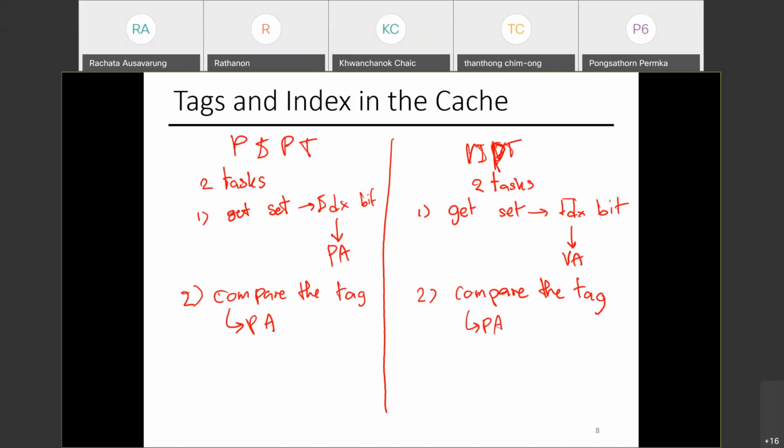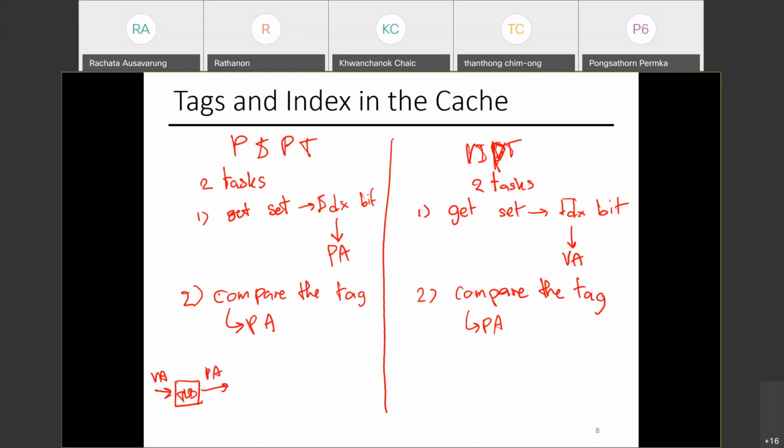All right. So in PIPT, what's my step one? What is the first thing I need? Assuming that I need the physical address for both index and tag, the first thing I need is to get a physical address, because I use it for everything. So you send VA to the TLB, get PA.